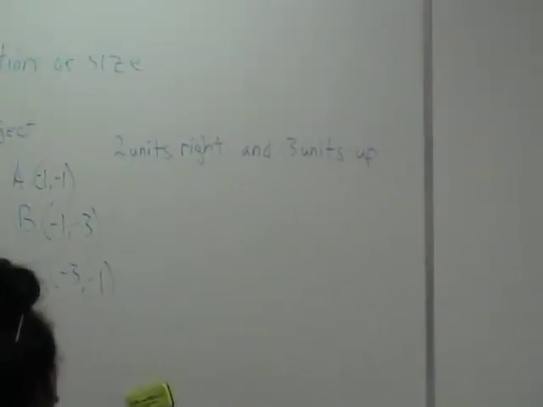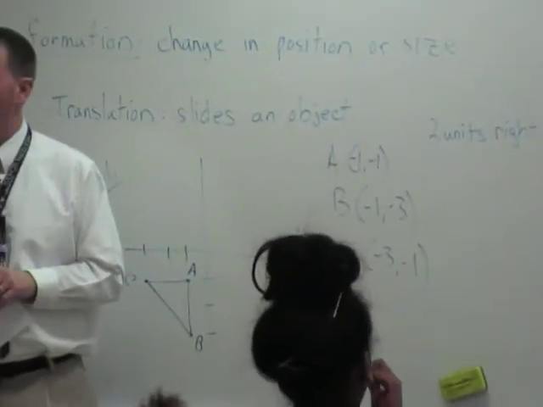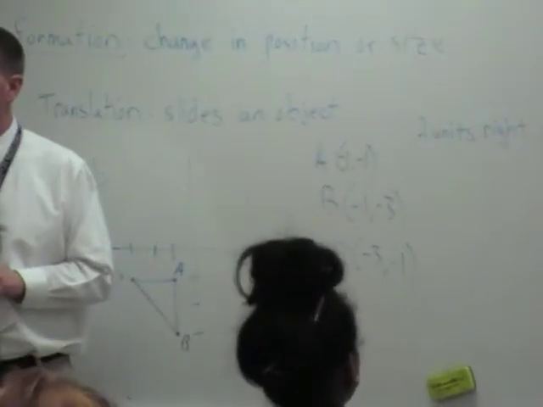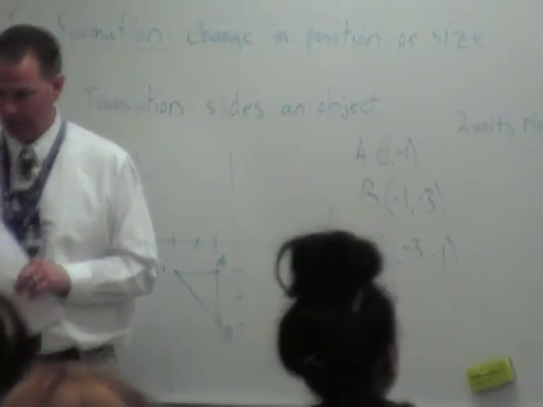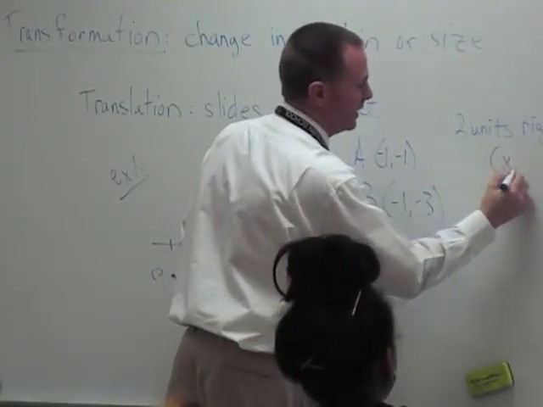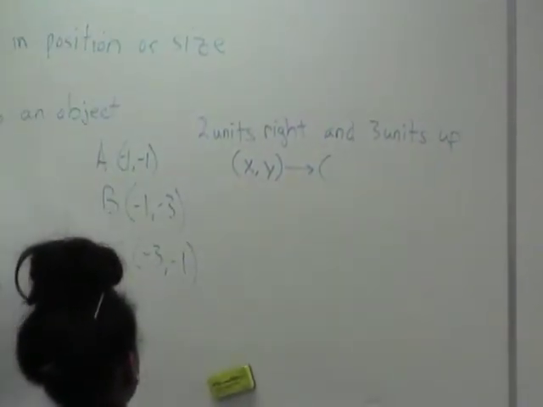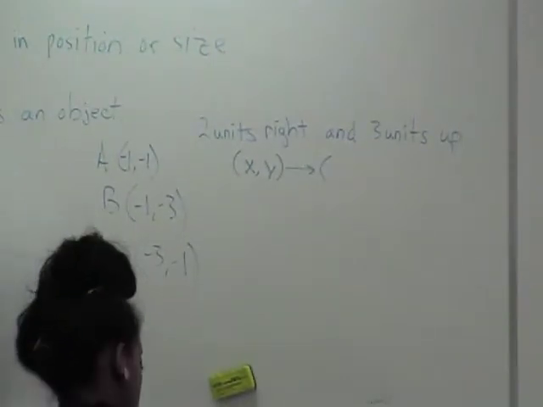So if I wanted to write a rule, a formal way of writing it is what is happening to x and y. What are we doing to x? Moving it. +2. Thank you.